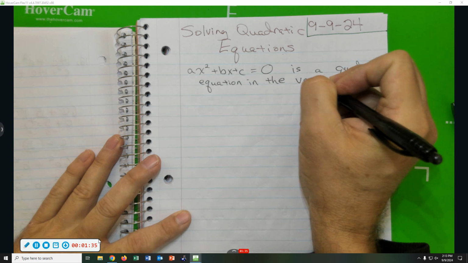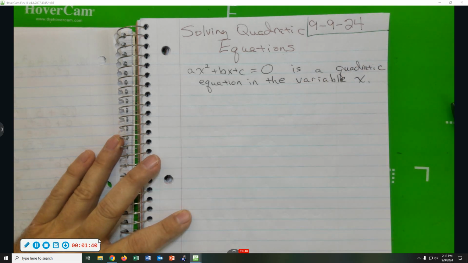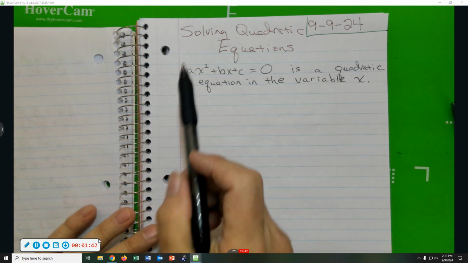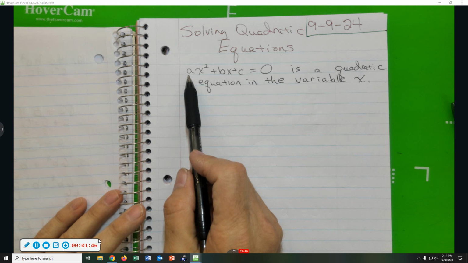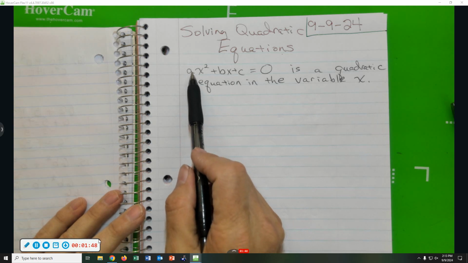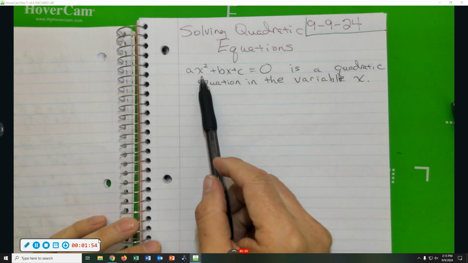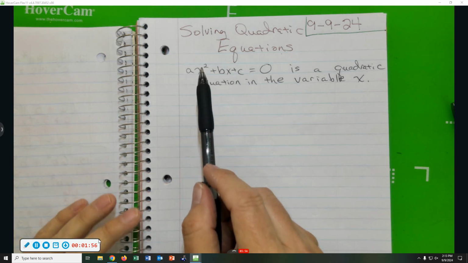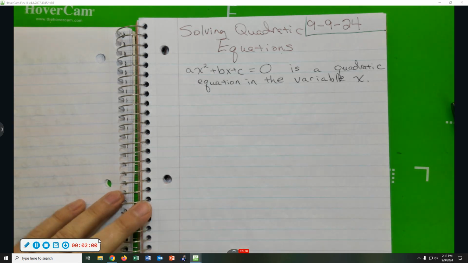The letter x is the variable. A, B, C are numbers. A cannot be 0. We can't allow A to be 0 because if A were 0, 0 times anything is 0, so you wouldn't have an x squared term. To be quadratic, you must have an x squared term.